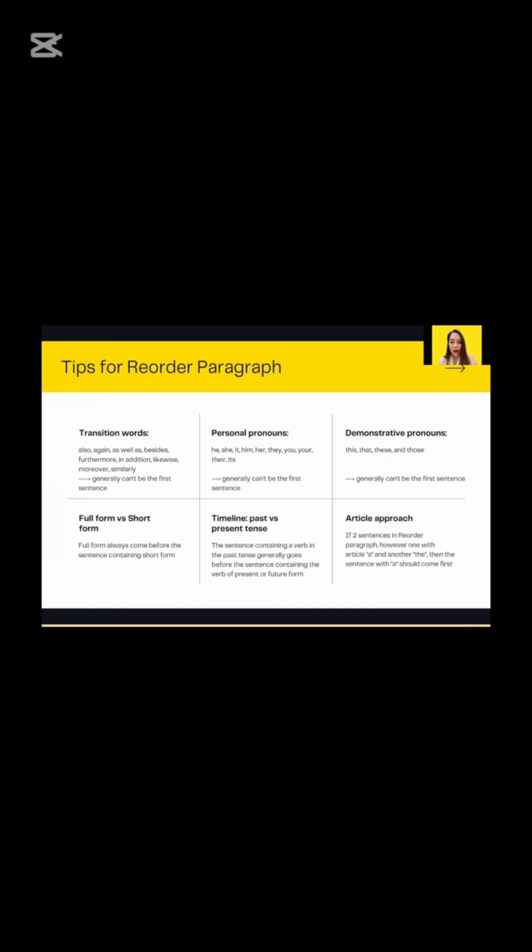And the next approach is the article approach. If you have two sentences in reorder paragraph, and one of them has no article, and the other sentence contains the same noun but with the article the, then the sentence that doesn't contain the will go first.